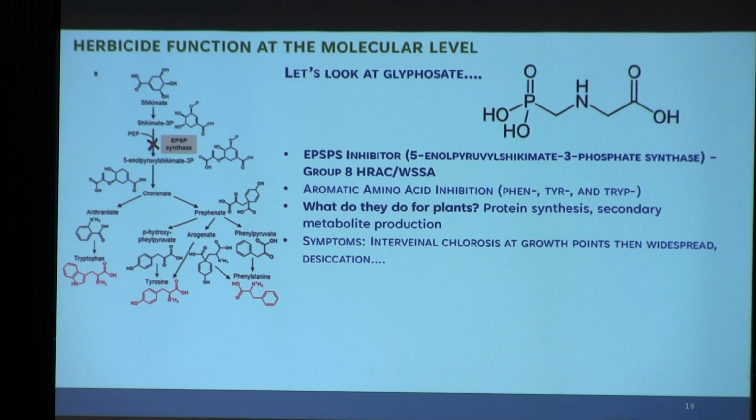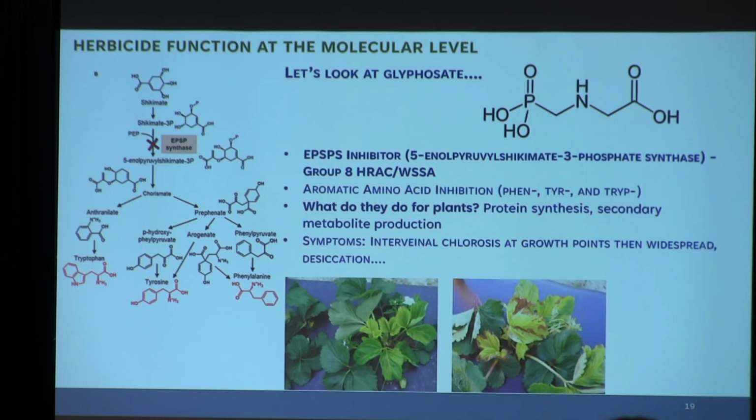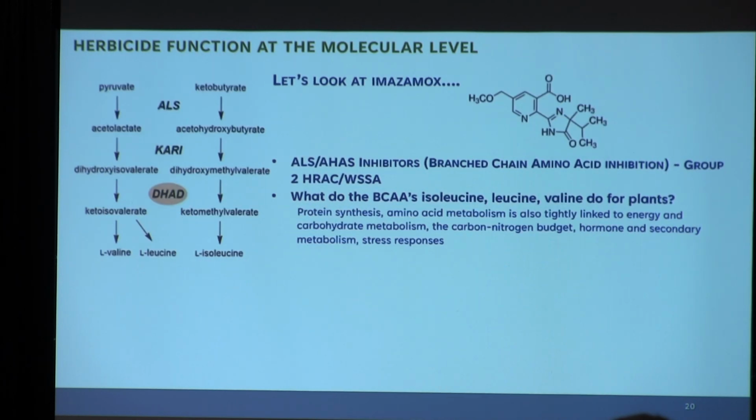It takes a while for that plant to actually show symptoms because it's starving to death. This doesn't happen overnight, but it typically starts with interveinal chlorosis. The plants turn yellow, they get more yellow, they get even more yellow, and then 3 weeks later, what happens? They die.